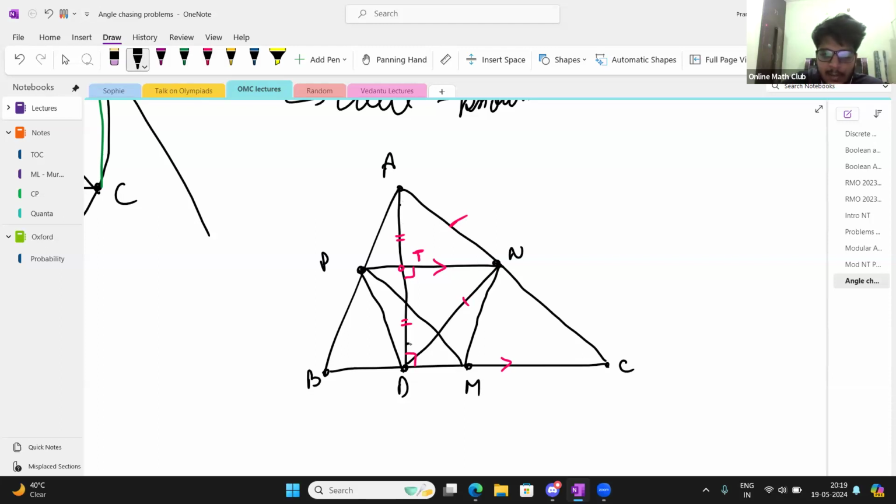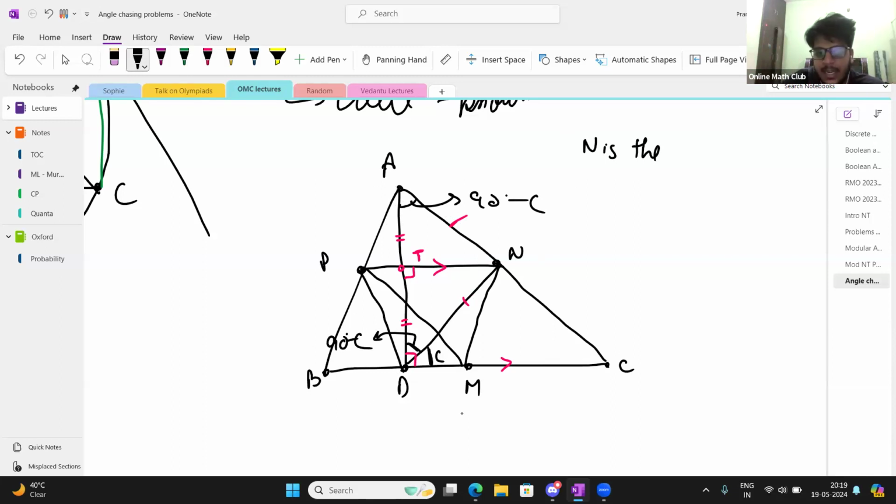Because now this angle is the same as this angle, which is 90 minus C. So this angle is the same as C. Oh, even better. N is the circumcenter, like angle ADC is 90.